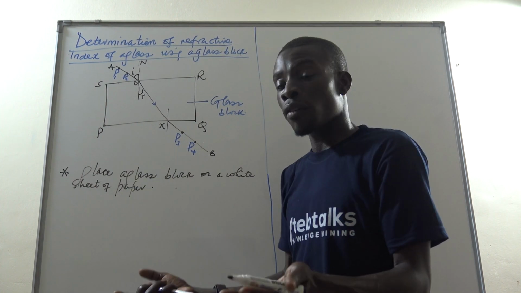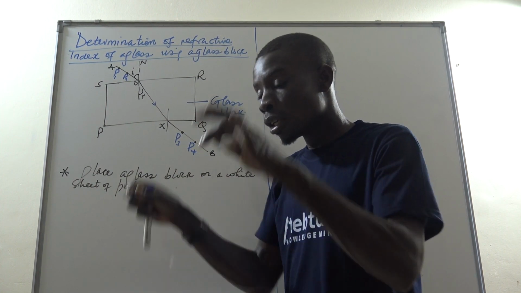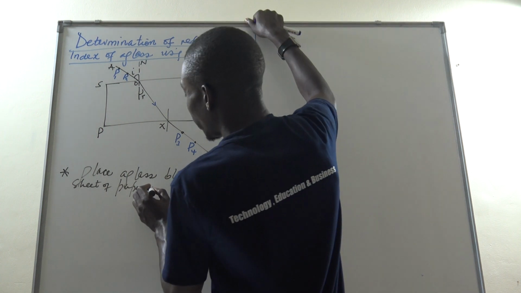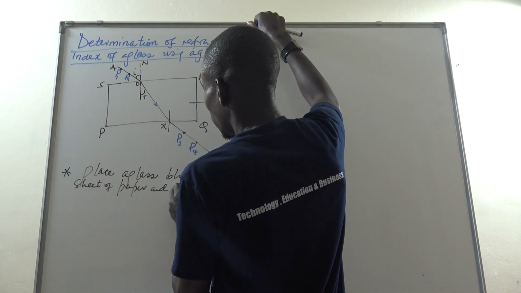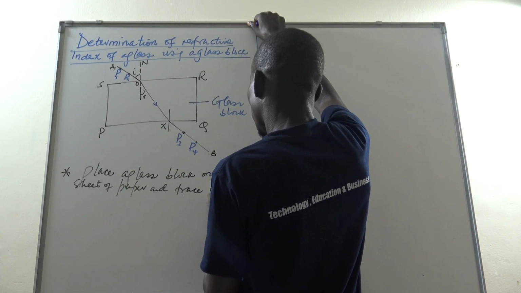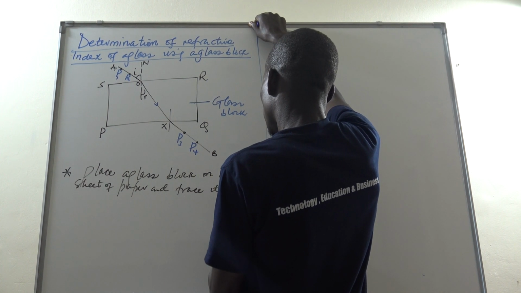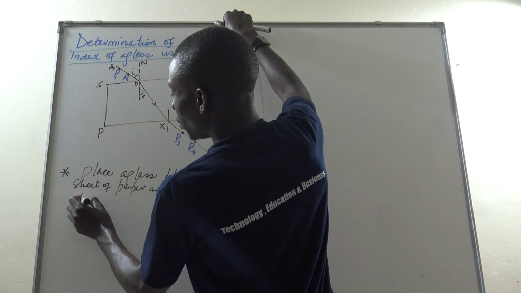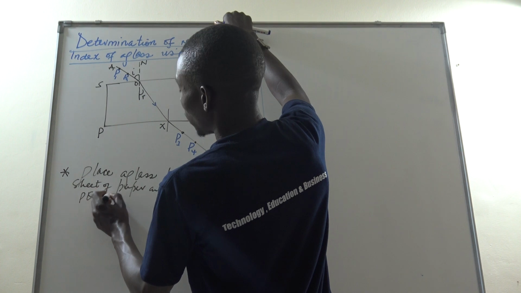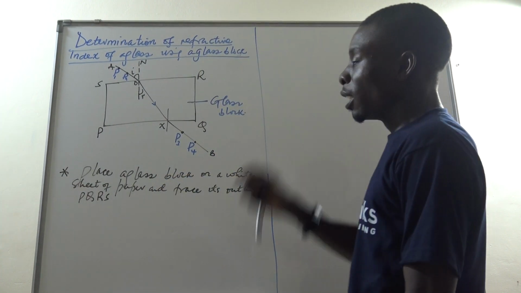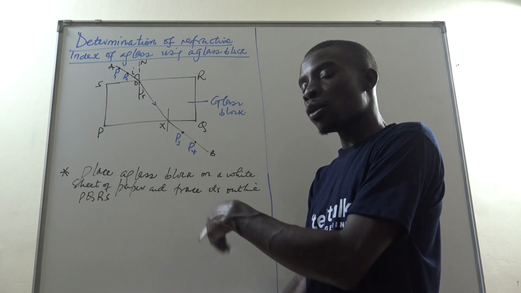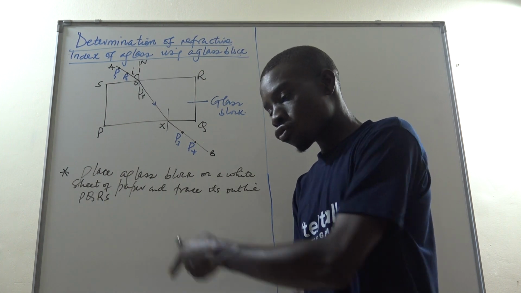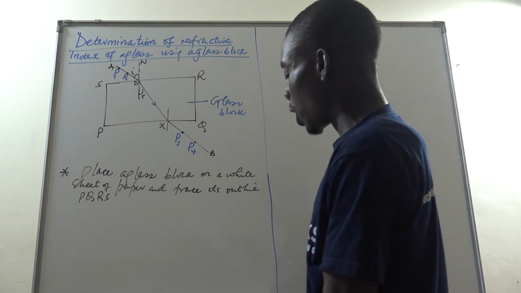Get that block, put it on the white paper on the board, and trace its outline, maybe P, Q, R, S, according to the way you have named it. Using a pencil or a pen, trace out the outline, draw out the boundaries.